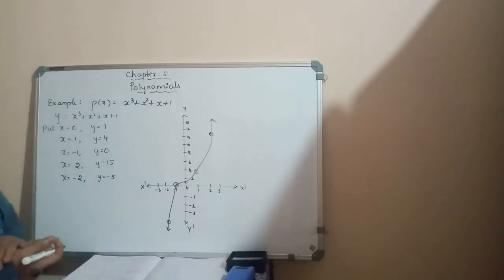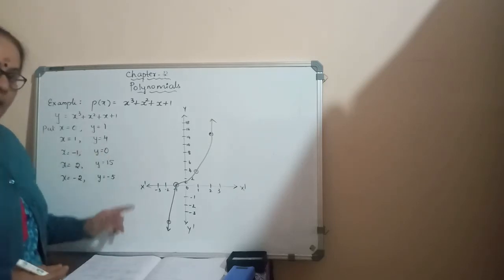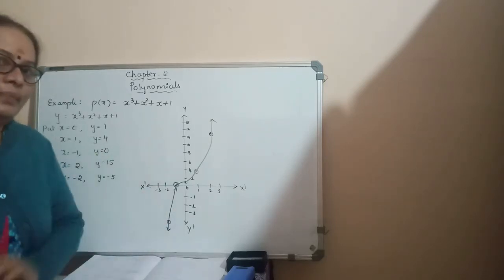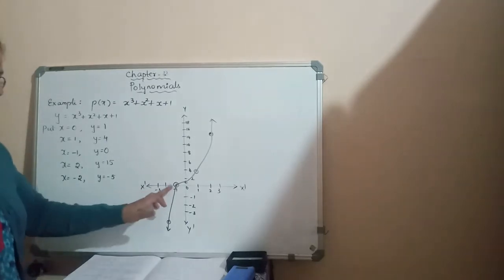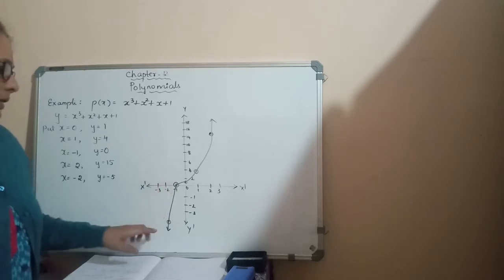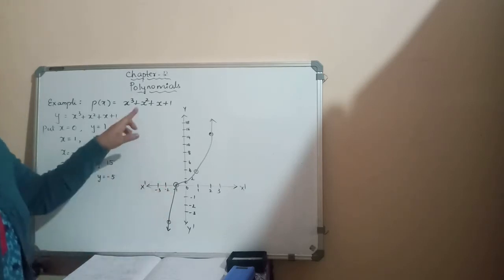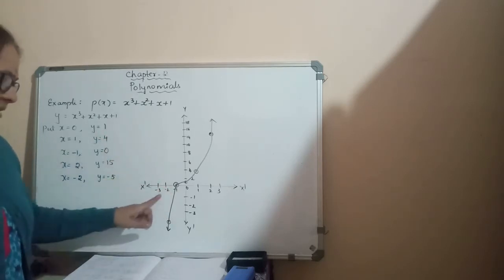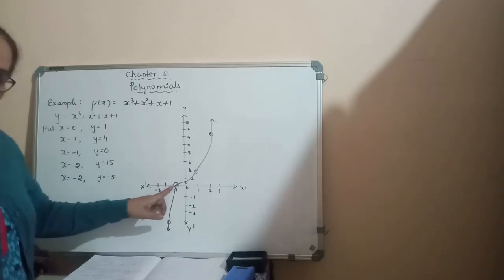Now, at how many points does this curve intersect the x-axis? This curve intersects the x-axis at only one point. So, this is the point of intersection. The graph of this polynomial intersects the x-axis at one point.